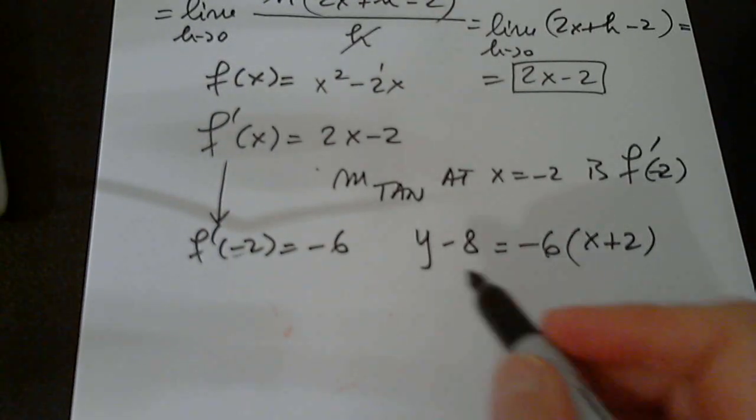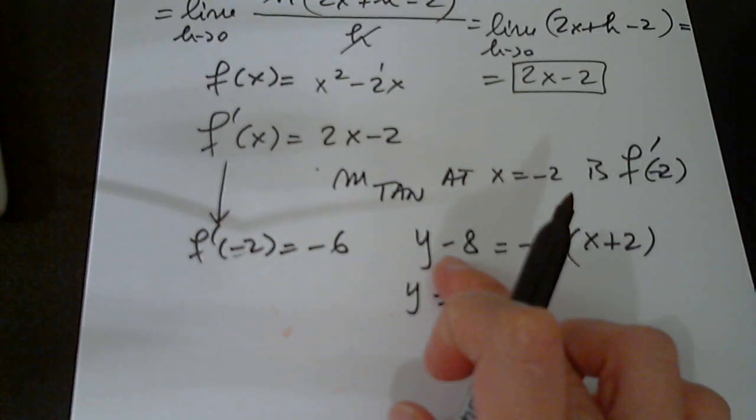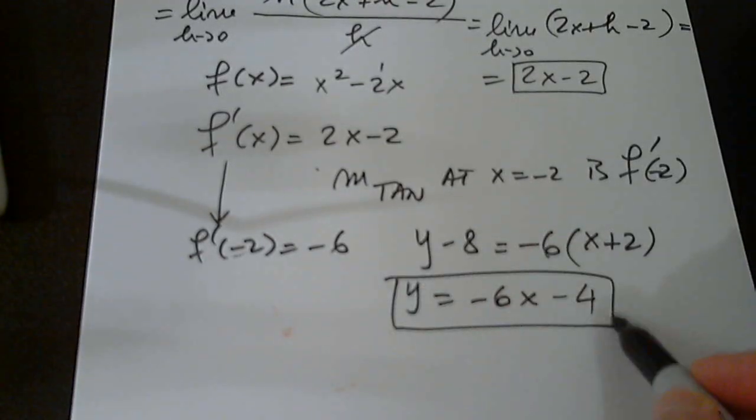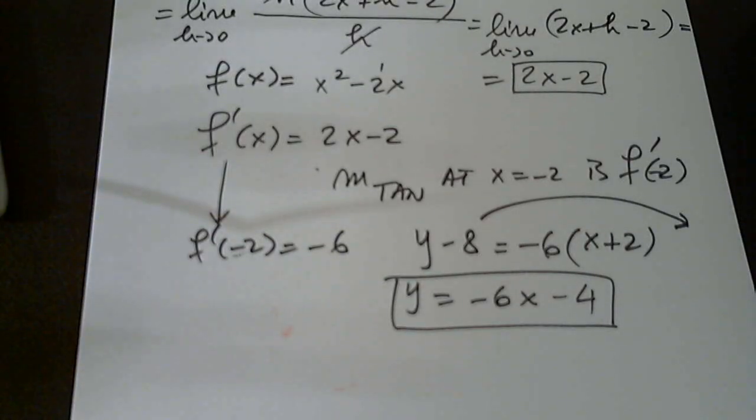I have to solve for y. So y equals negative 6x, and this is negative 12, plus 8. Negative 12, and I have to bring positive 8 to the other side. So we determined the equation of the tangent line to the graph of the given function at the particular point.